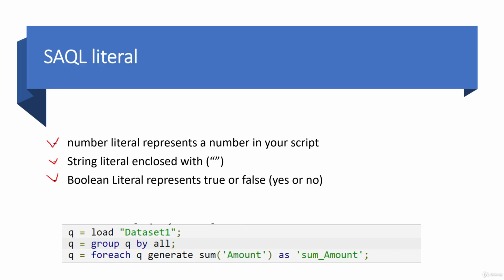Let's see, I want opportunity with my stage as closed one, so closed one becomes my literal here. All string type literals I should write in double quotes. I can use number literals, boolean literals, everything.